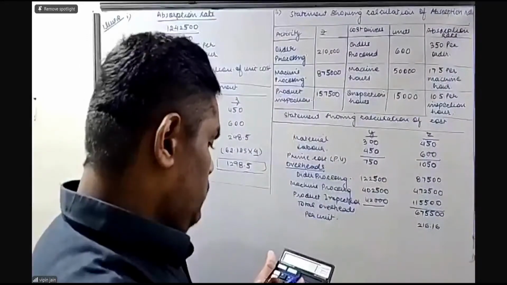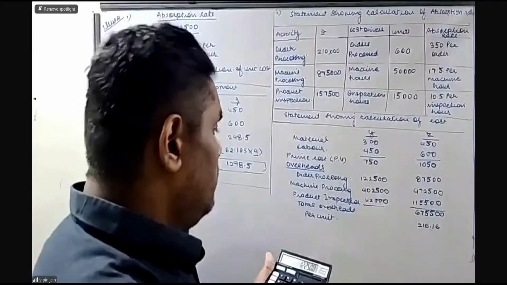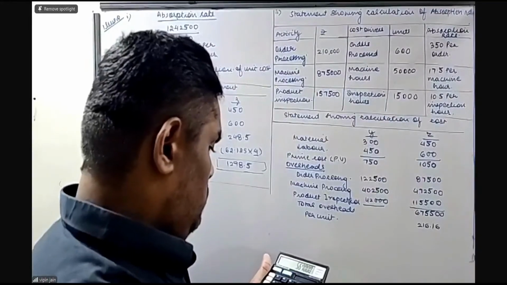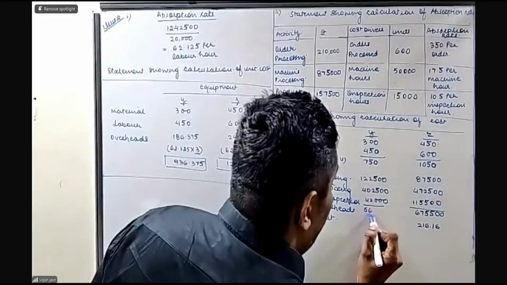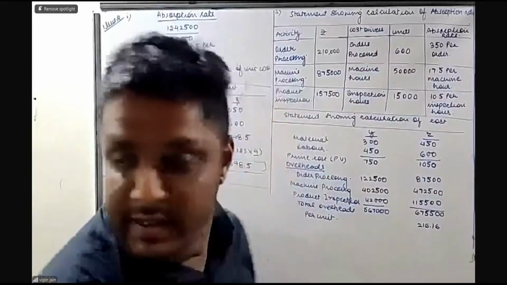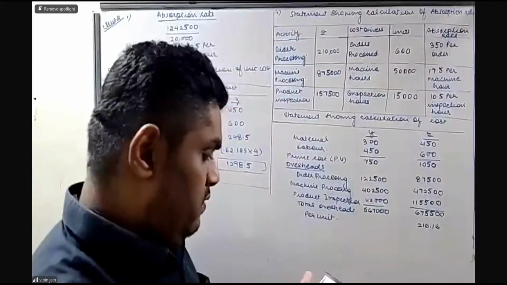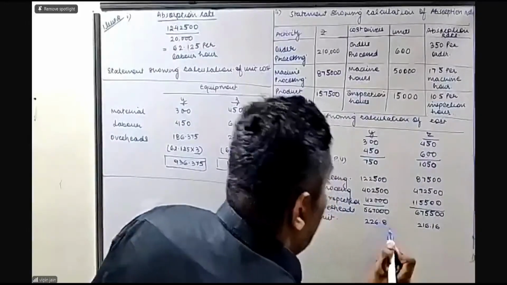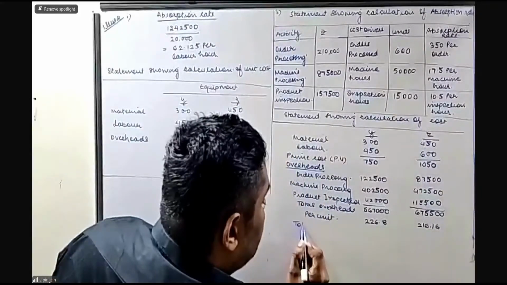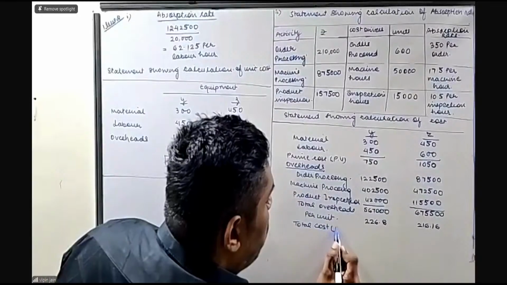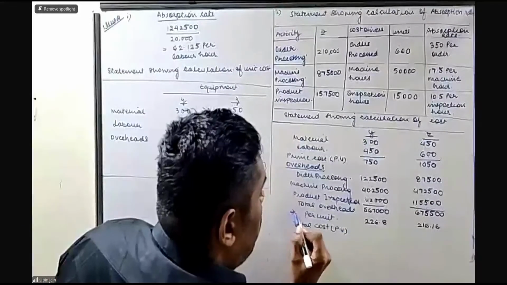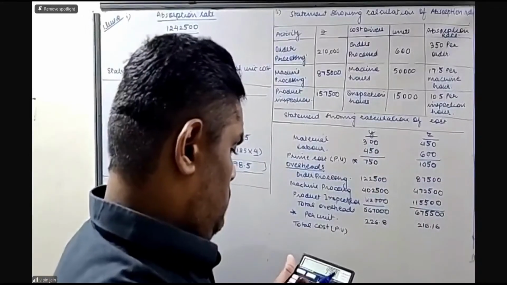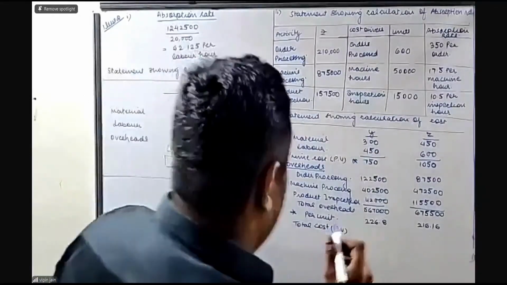Similarly for Y also, 567,500 divided by 2500. So total cost per unit will be this one and this one, 976.8.